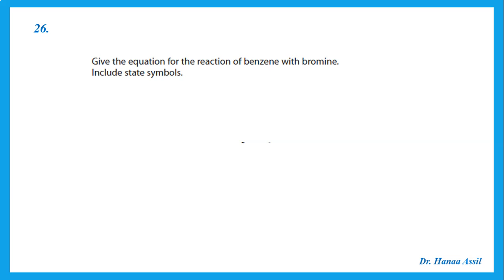Give the equation for the reaction of benzene with bromine. Again, we said if we react benzene with bromine, and again, we're going to remind you that the catalyst in this case is anhydrous iron(III) bromide. What happens is we put bromine on the benzene ring, and this is electrophilic substitution reaction.